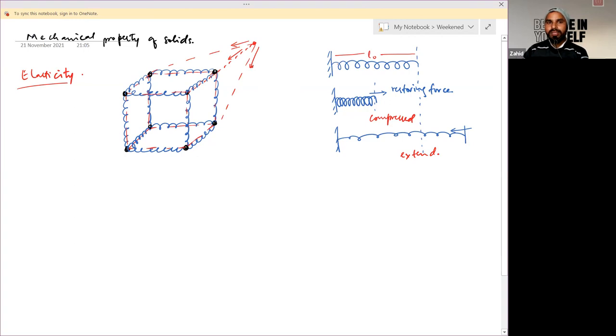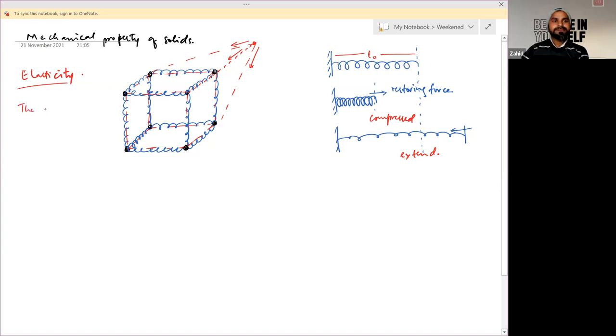This tendency of a body to regain its original shape on removal of the deforming force is termed elasticity. So if you apply any deforming force to deform the shape of an object, there will be a force which tends to regain its original configuration. That tendency of the body is termed elasticity.